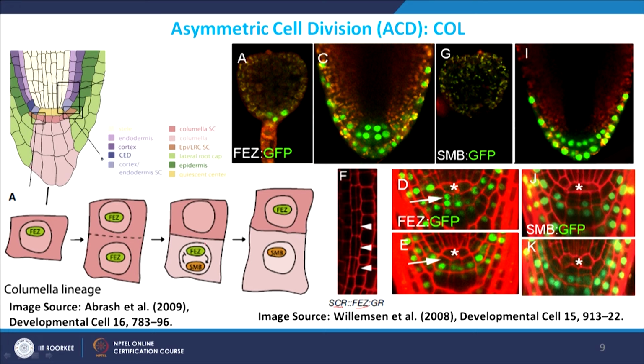When cell division occurs in the lower cells, FEZ basically activates the expression of SMB, but once SMB is activated, it immediately represses the FEZ expression, and this is how there is a differential expression pattern. This regulatory network ensures a proper stem cell identity for the columella stem cells and allows the distal cells to enter the process of proper differentiation program.